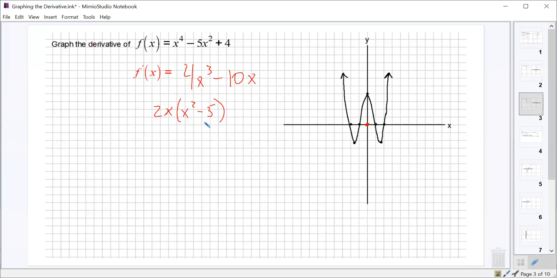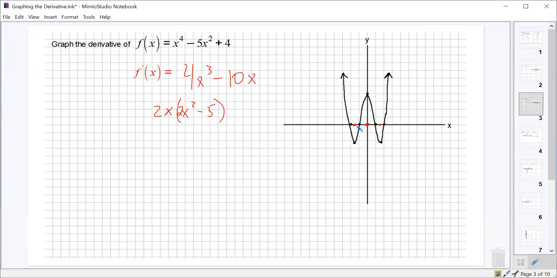And it should have an x-intercept at plus or minus the square root of, oh, sorry, that's not x squared, that's 2x squared. Plus or minus the square root of 5/2, which is the square root of 2.5, which is, I don't know, somewhere between 1 and 2. Somewhere here-ish, it's going to have x-intercepts.